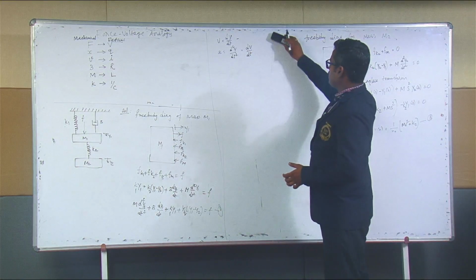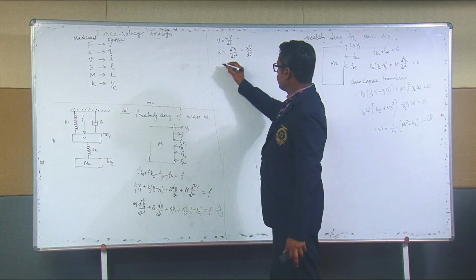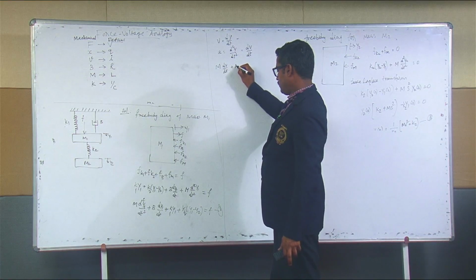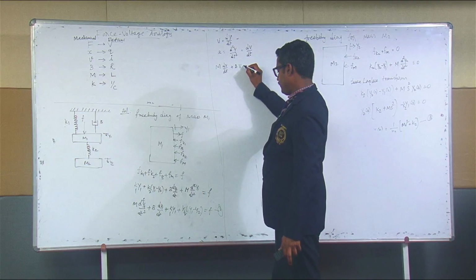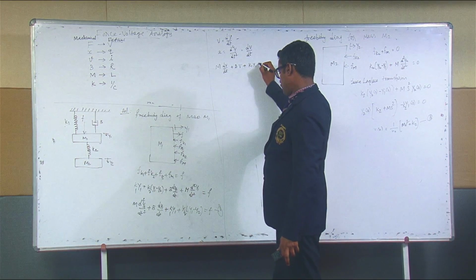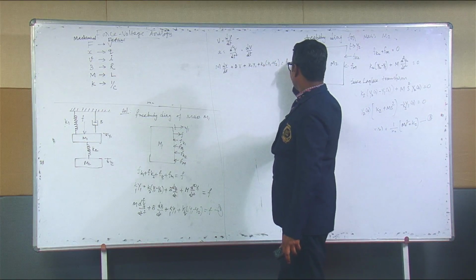This is the basics. If you substitute here, the equation becomes m into dv by dt plus b into v plus k1 into y1 plus k2 into y1 minus y2 equal to f.